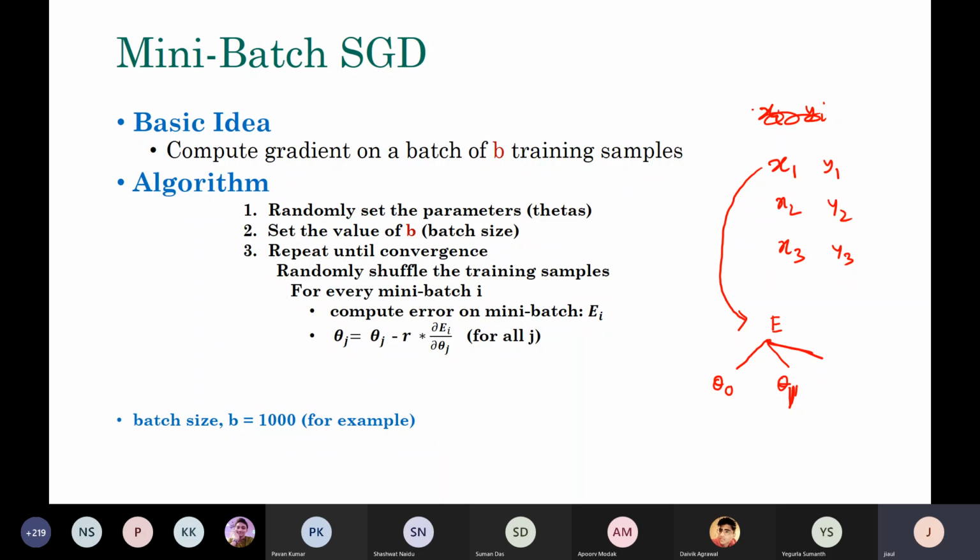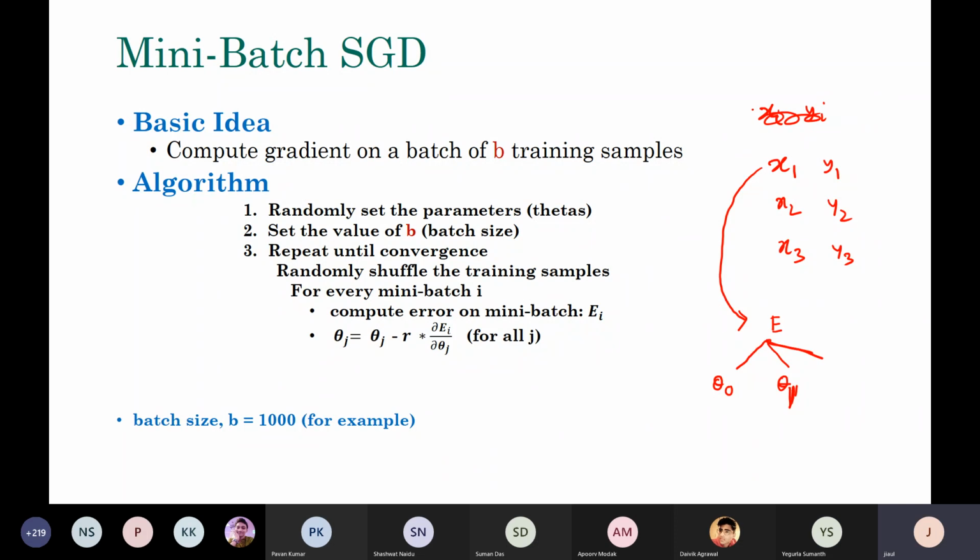In batch, the error function is defined in terms of all the samples in your data. Do you agree on that point? Yes, sir. In the single sample case, stochastic gradient descent, your error function is computed on only one single sample that you are considering at a time.